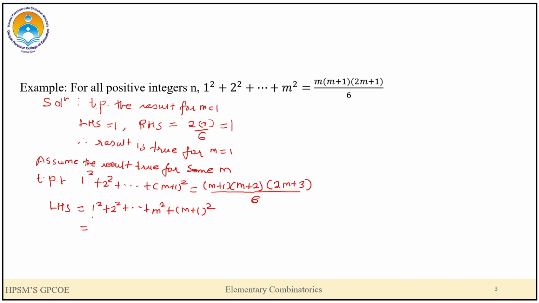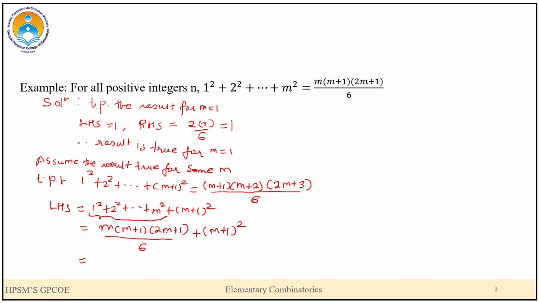We have assumed that the result is true for m integers, so this sum up to m is m into m plus 1 into 2m plus 1 divided by 6, and we have m plus 1 the whole square. Now we just have to solve this expression in order to get the right hand side.